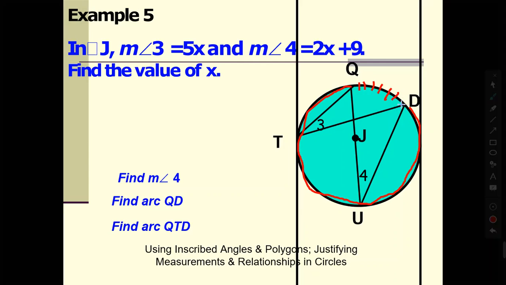We know a whole circle is 360 degrees. And QD we just calculated, which equals double angle 4. Angle 4 is 15 degrees, so QD is 30. So 360 subtract 30 equals 330 degrees. So that's it for today.